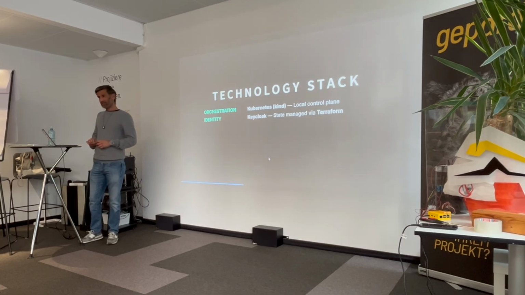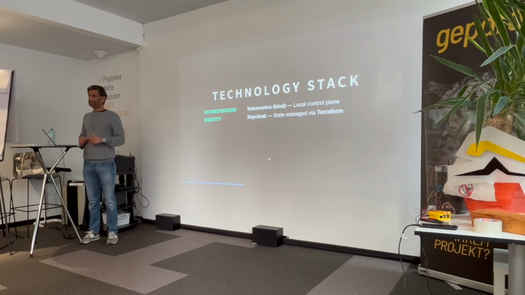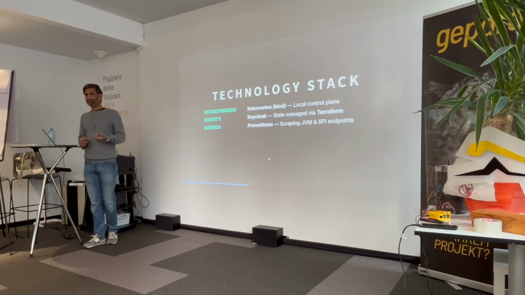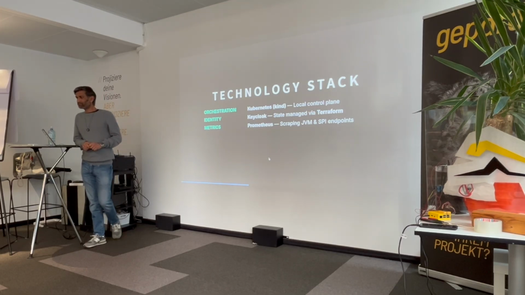We will install Keycloak and manage its state via Terraform. We will create all the clients, users, and groups via Terraform inside our Keycloak, which is running inside a kind cluster. And then we will scrape its metrics with Prometheus, using the Prometheus operator.